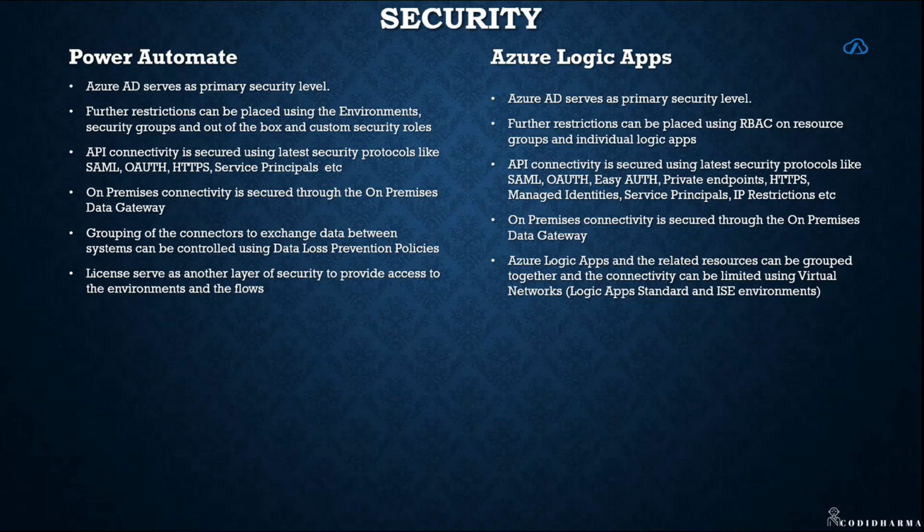The API connectivity in Power Automate. So if you look at Power Automate, you'll see that all of the things that we are doing are done through a set of REST APIs in the backend by Microsoft, right? That's the way it is created.